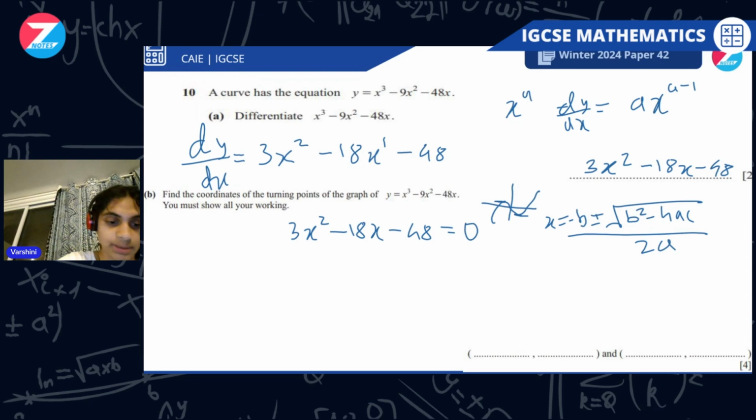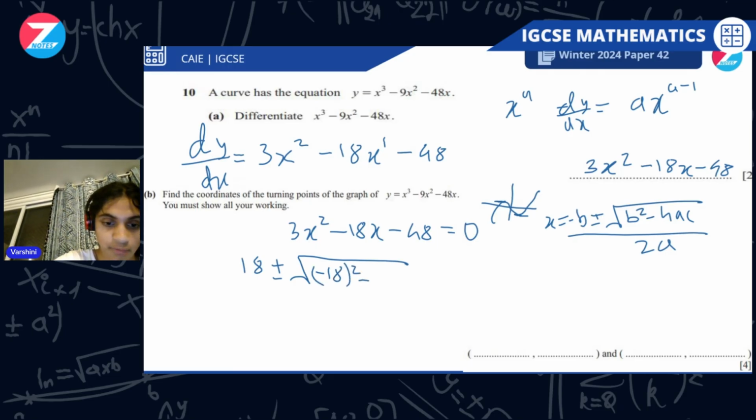So all we have to do is minus minus 18, which is plus 18, plus minus root of minus 18 whole squared minus 4 into 3 into minus 48, divided by 2 into 3.